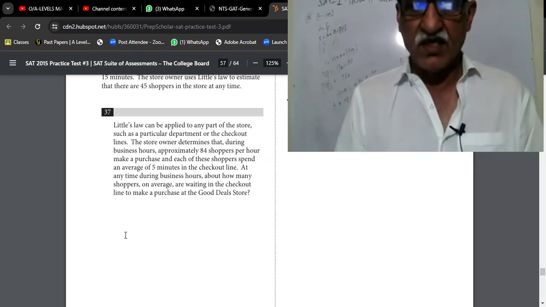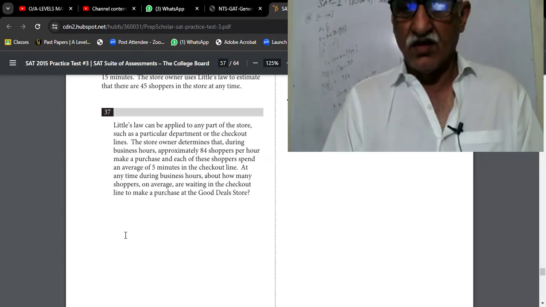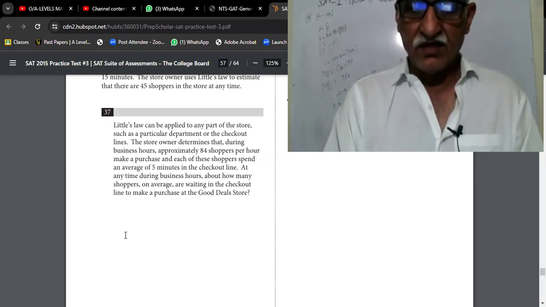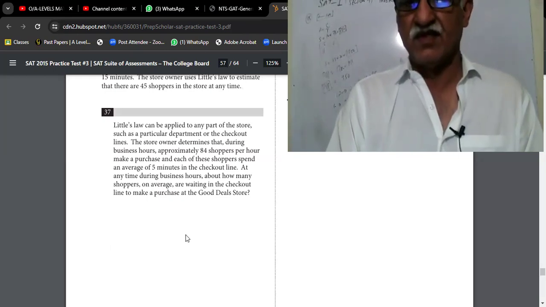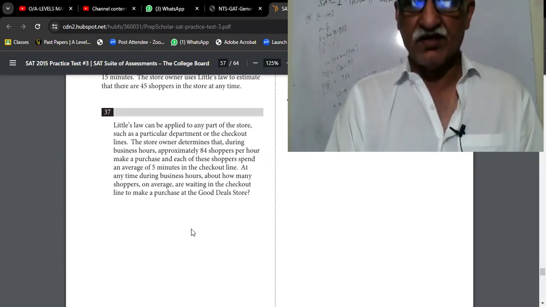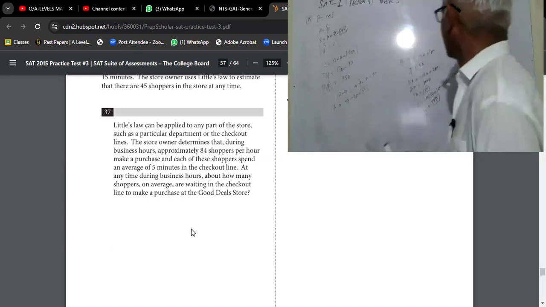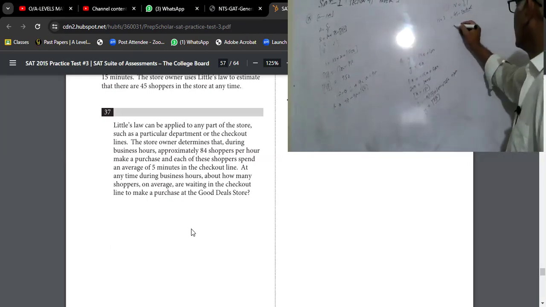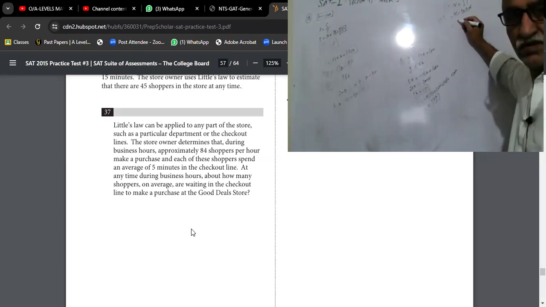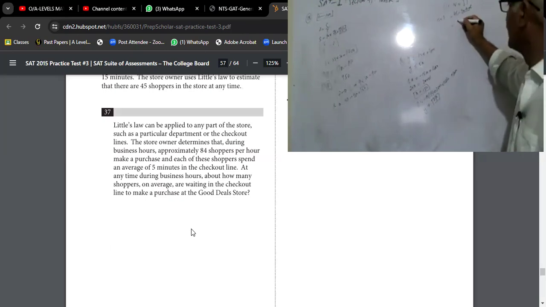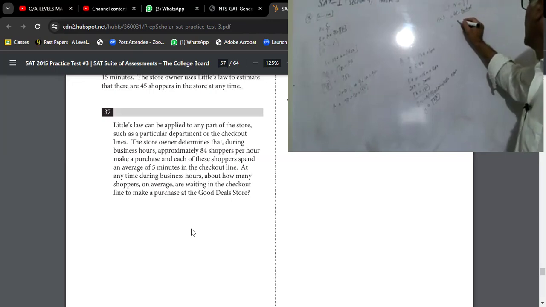So there are 84 shoppers per hour. So per minute, it is 84 divided by 1 hour, so 84 divided by 60.